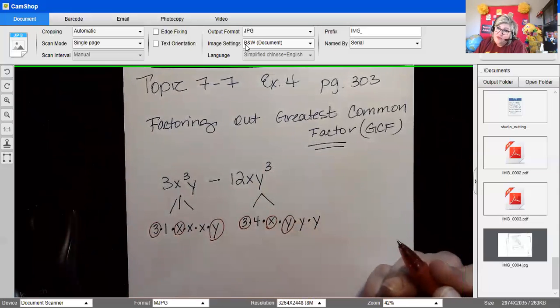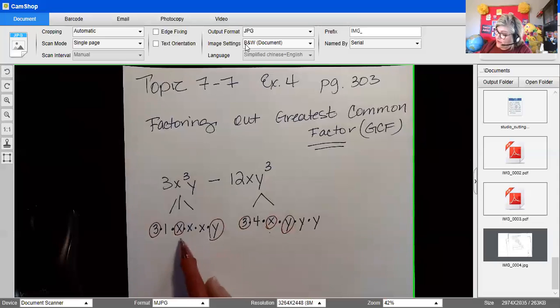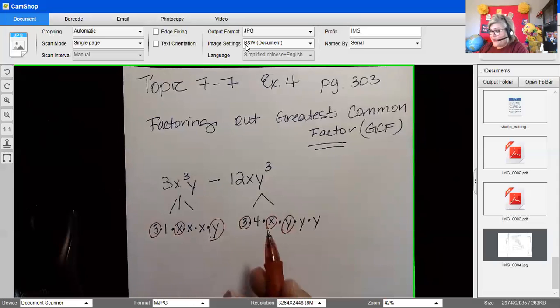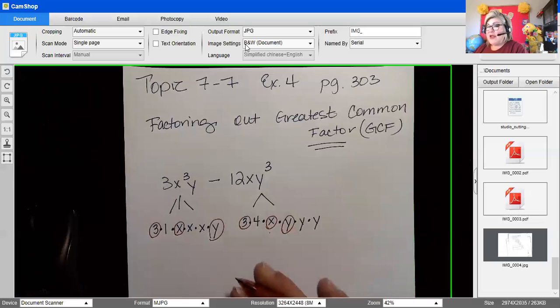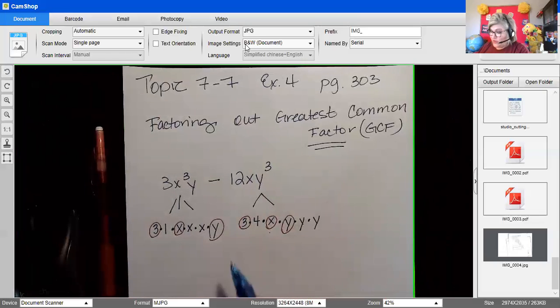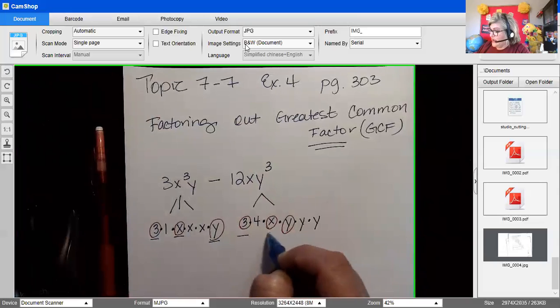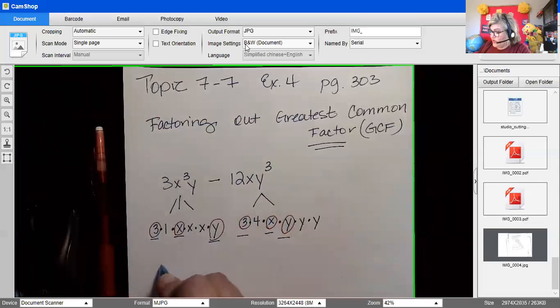This one happens to have 3 y's. This one has one x. This happens to have 3 x's. All right. So now what we're looking at is, what is that greatest common factor? Well, that greatest common factor is 3xy. So we're going to factor it out.